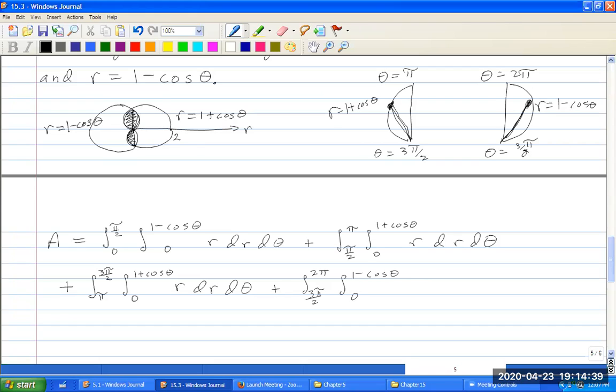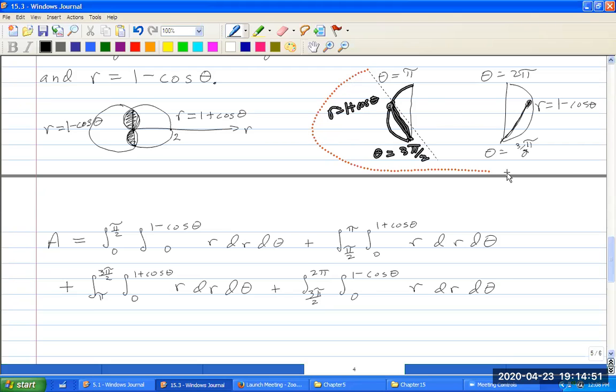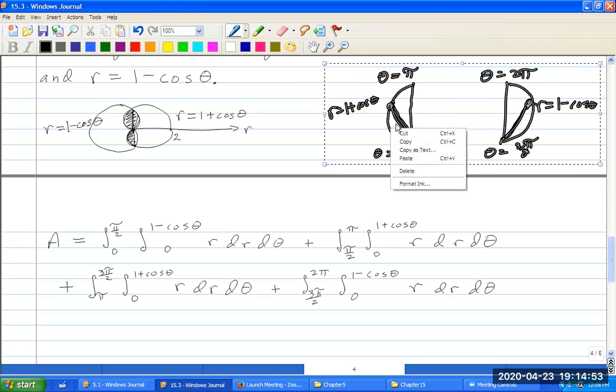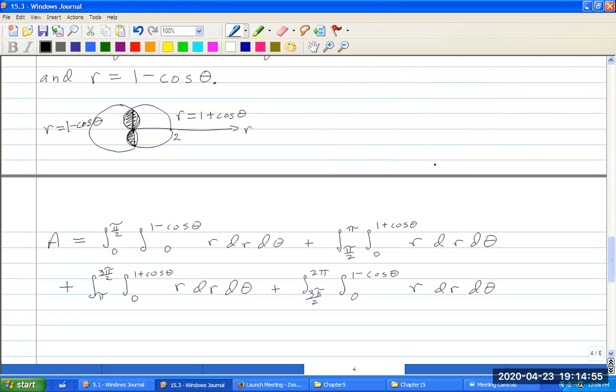And I'm integrating in 1, so this is r dr. Did that answer your question? How I'm figuring out each of these limits of integration. Yeah, okay, good.